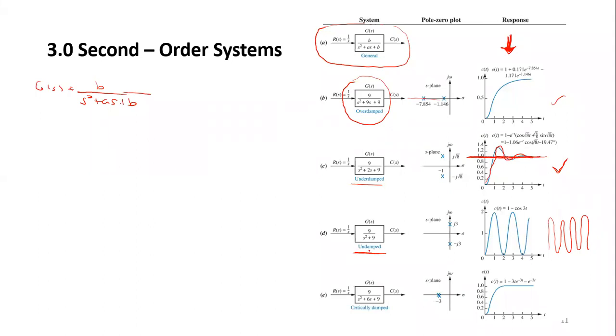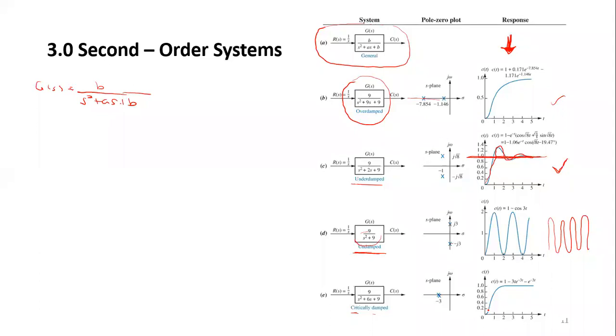In terms of the S plane, the roots of the undamped system are on the imaginary line. The last one is the critically damped system. In a critically damped system, you're going to have a very nice output response.